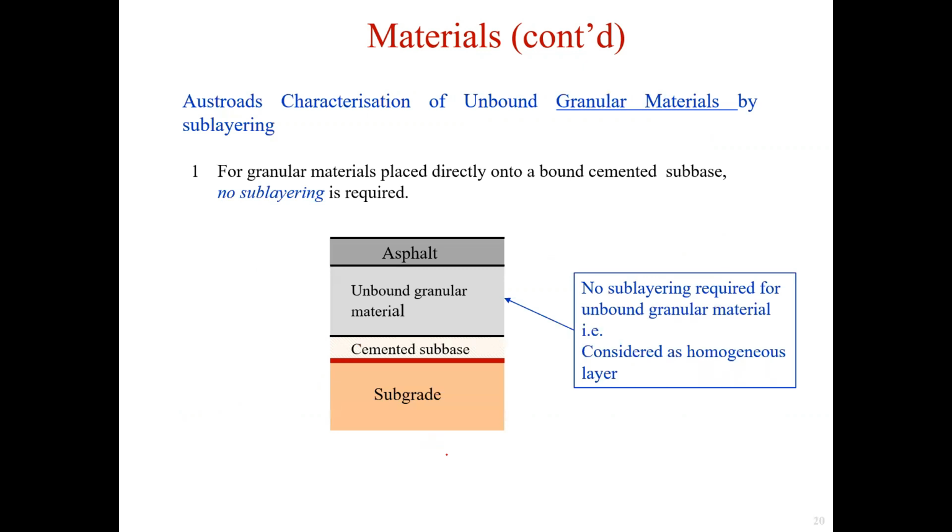For the treatment of granular materials, there are 2 scenarios. For granular materials placed directly onto a bound cemented subbase, as shown in this figure, no sublayering is required, and it is considered as a homogeneous layer.